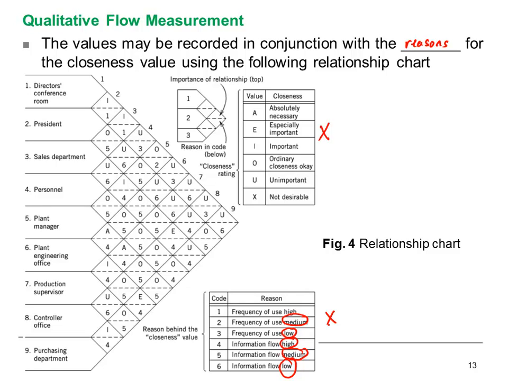And we're going to do that for each one of the departments. So for instance, this relationship here is for directors conference group and plant manager. It's O, meaning that it's ordinary closeness, okay. And the reason for that is the frequency of use is here.